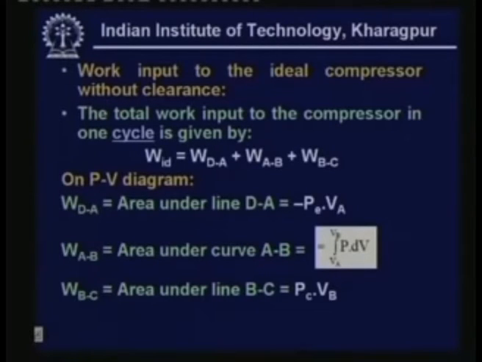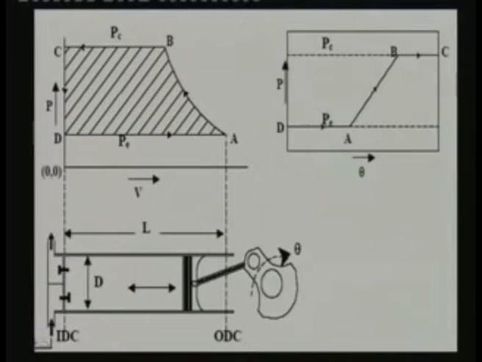Now, let us find out what is the work input to the ideal compressor, because as I said, important parameters are mass flow rate and work input. So, work input to the ideal compressor without clearance is given by W_ID, which is the total work input of the compressor in one cycle, and this is given by W_DA + W_AB + W_BC. What are these? Let me show on the cycle.